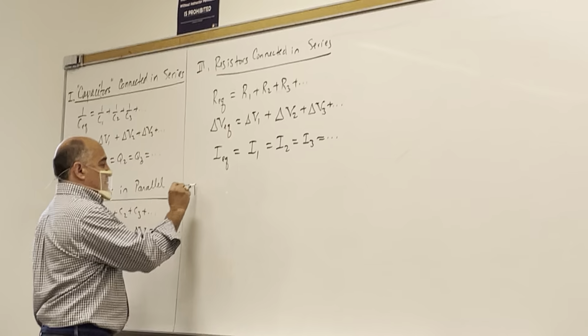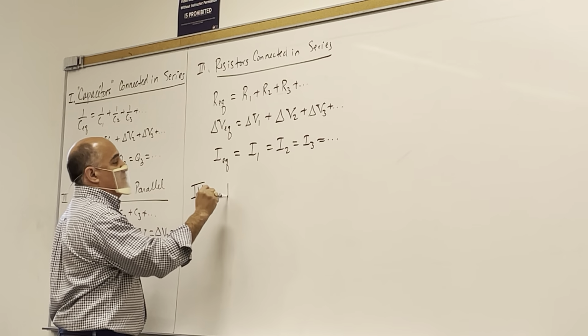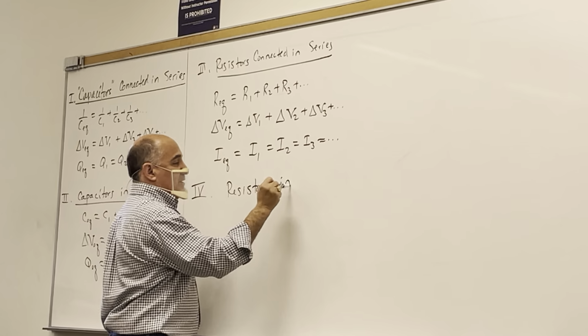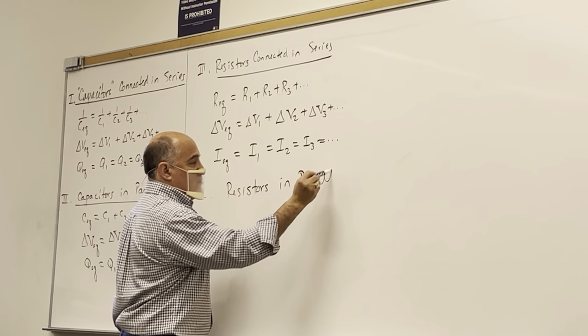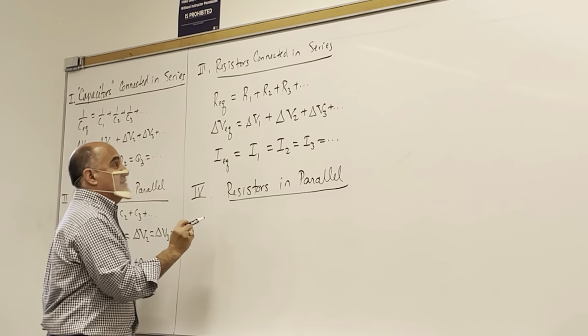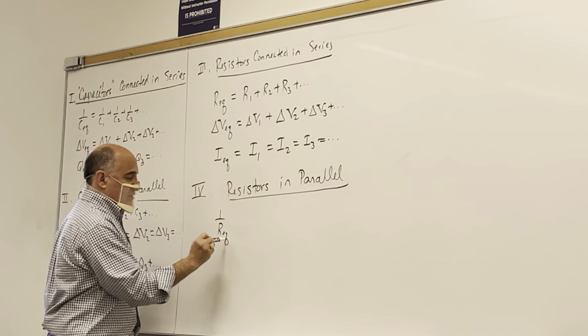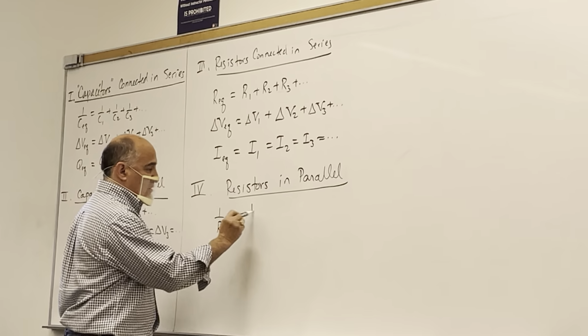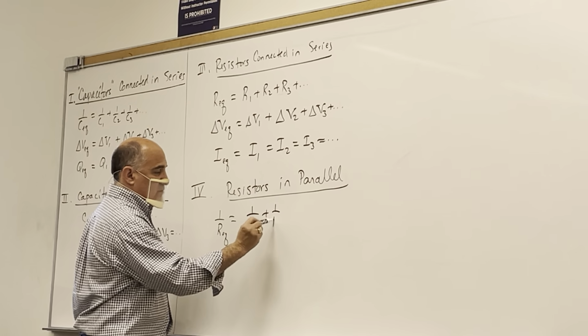So number 4 will be resistors connected in parallel. In this case, the resistance of the resistor that is equivalent to the resistors connected in parallel is given by this formula.